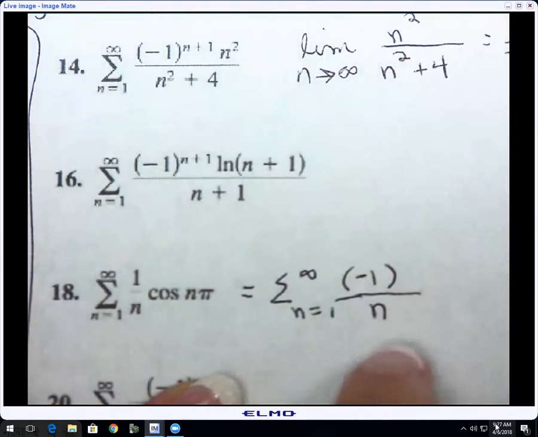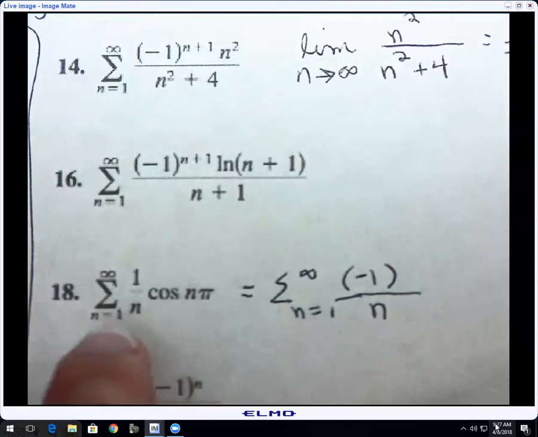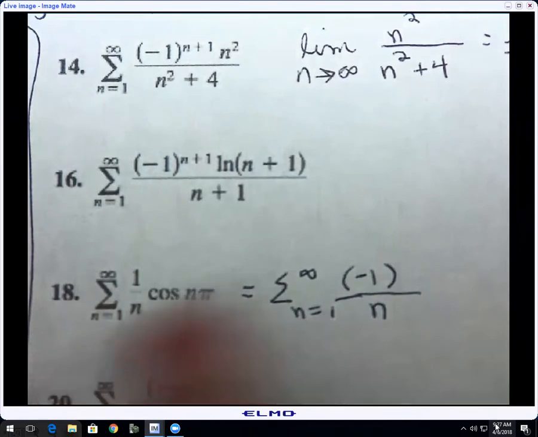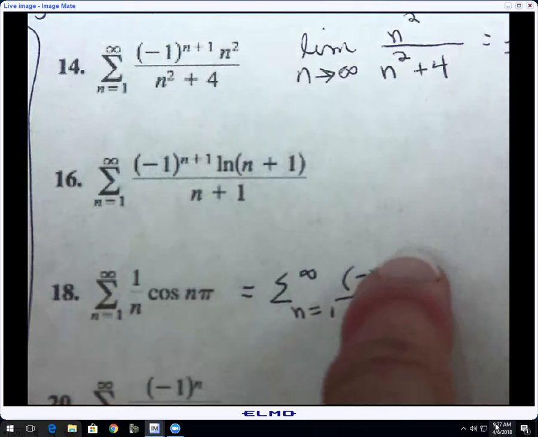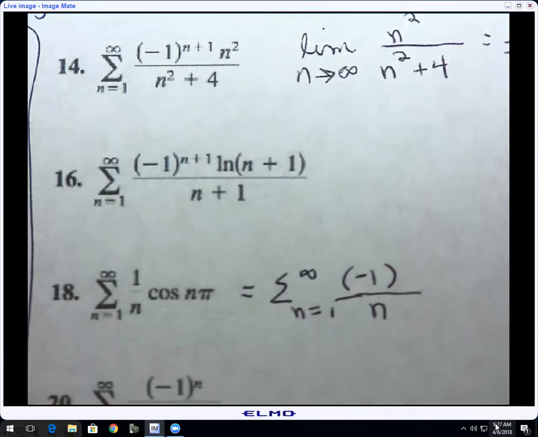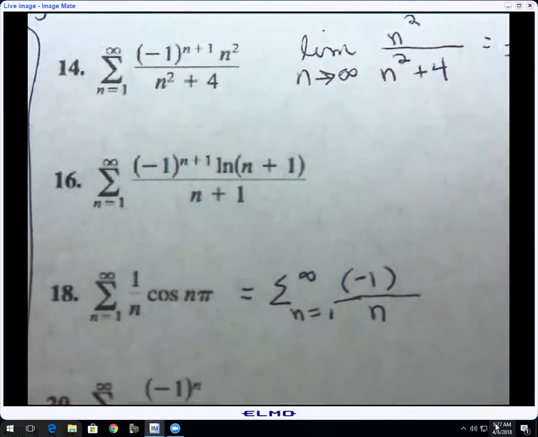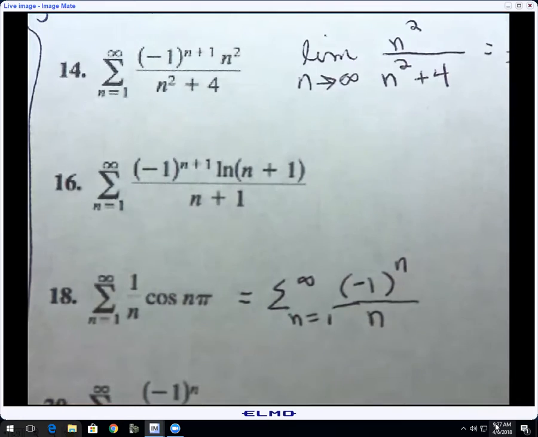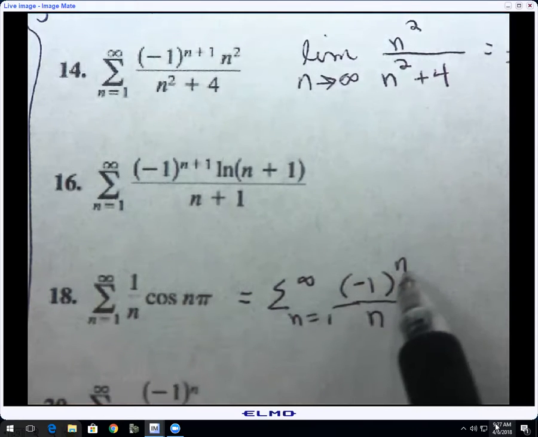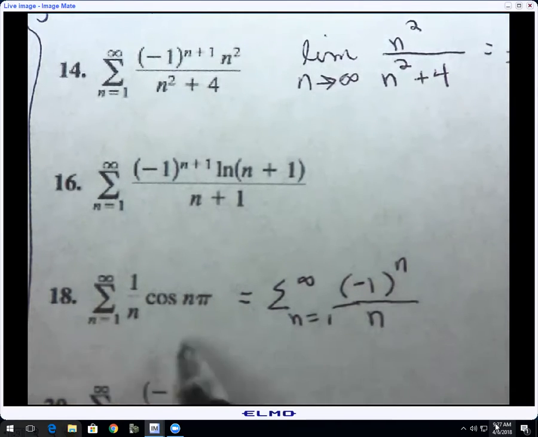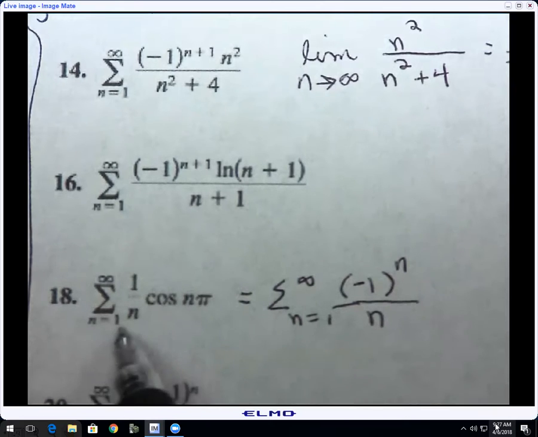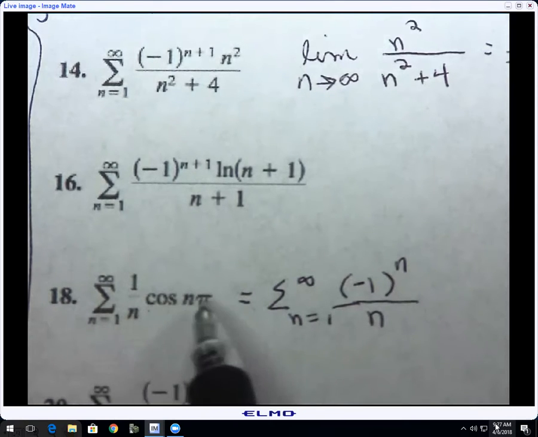In order for this to be equivalent to the series in front of it, would that need to be n or n plus 1 in the exponent? I would just say, I don't know, let's try n. If I let x be just n, then when n equals 1, I'd have cosine of a whole pi is positive or negative.